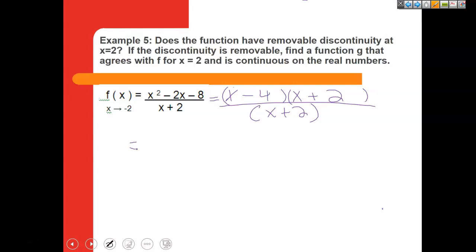What does that simplify to? So what does that make exactly? That makes x plus 2, which becomes x equals negative 2. Removable.